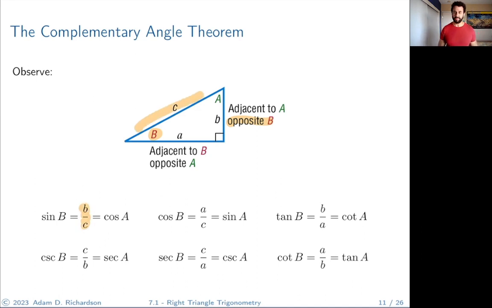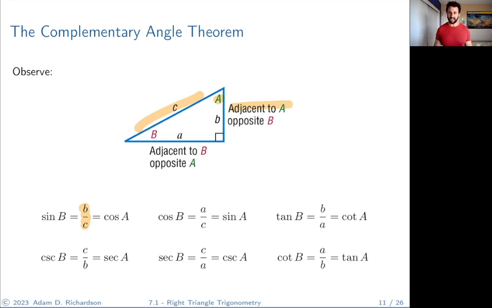But check this out. If we now switch our perspective to the angle A, and look at the highlighted sides, we've got the one that's adjacent to A and the hypotenuse. So that means that's the cosine of the angle A.